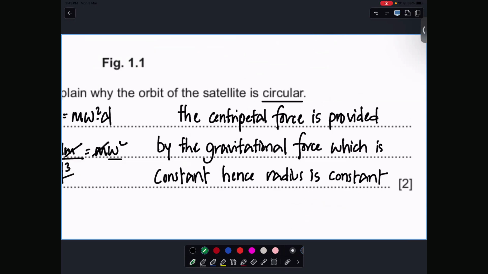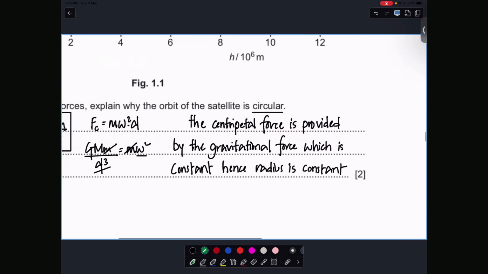This is an object's... but your Earth's orbit is acting towards the center of the sun, right? But why is it not circular? Why elliptical?